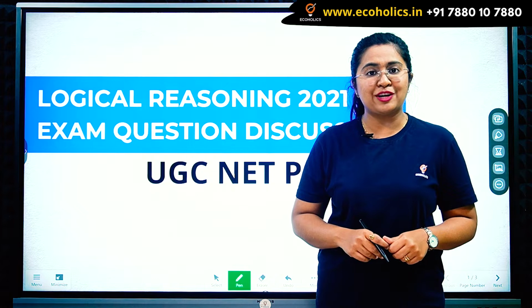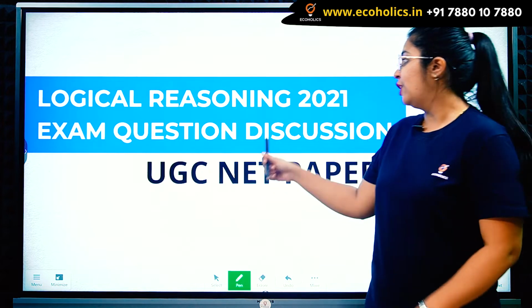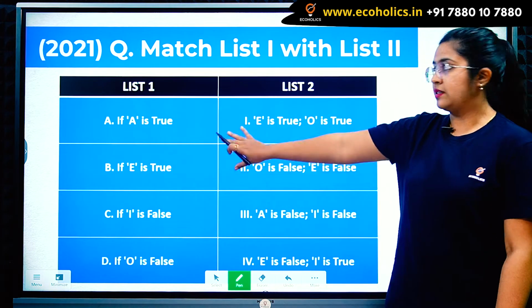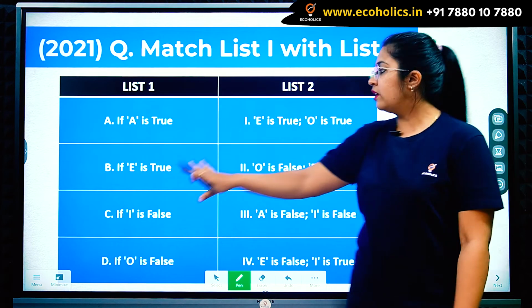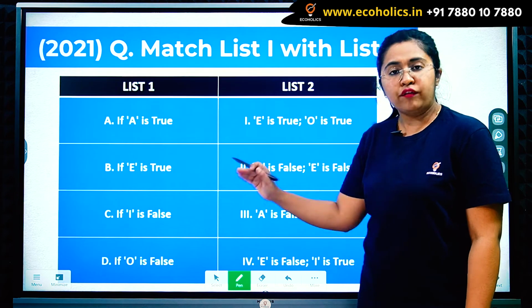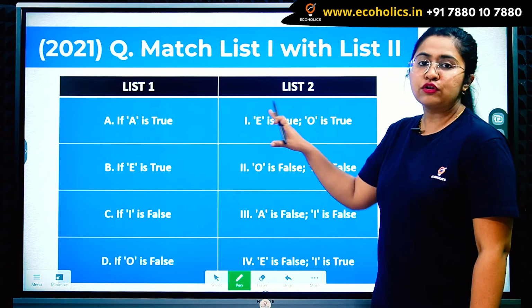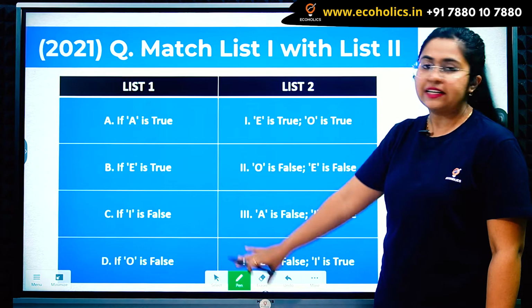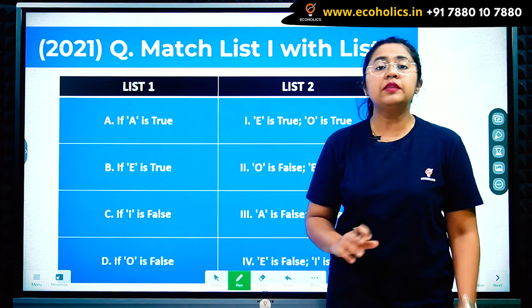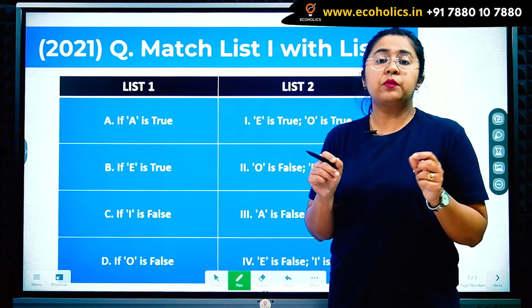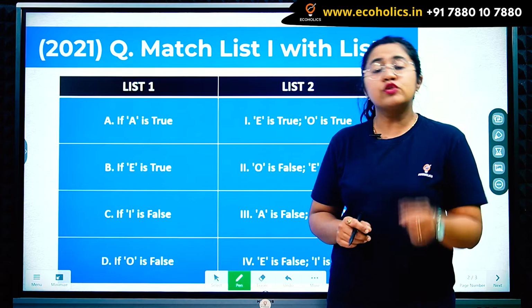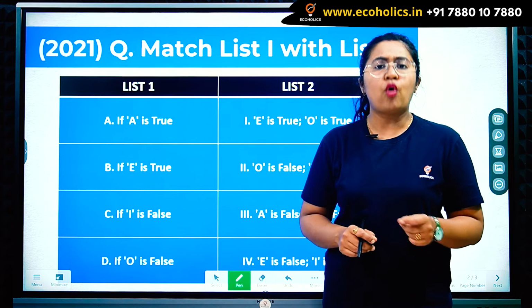paper 1 examination. The theme is logical reasoning, and the question that was asked was this. So there was a question wherein the students had to match the following lists of items. Now in the match the following list, there were 4 items on each of the lists, and these items were from the rule that we apply in the syllogism of logical reasoning, which is also known as the square of opposition.